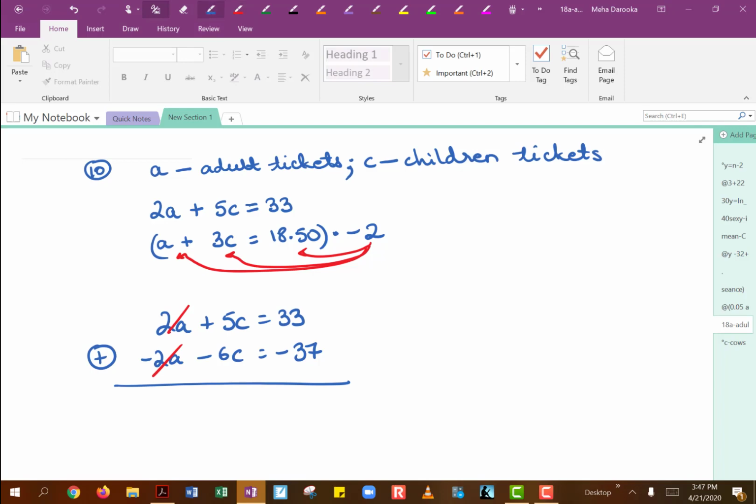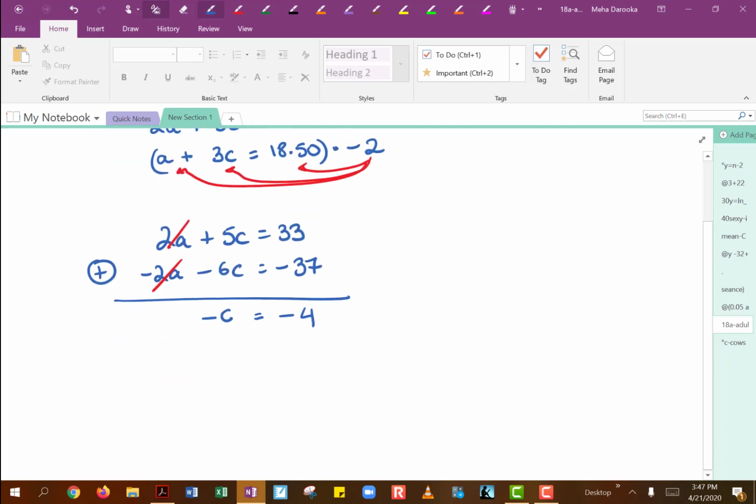Positive 5c, negative 6c will of course give us negative c, and negative 37 and positive 33 will of course end up giving us a negative 4. So if we divide both sides by negative 1, we will end up getting c equals positive 4, which means you are looking at $4 for the children's tickets.